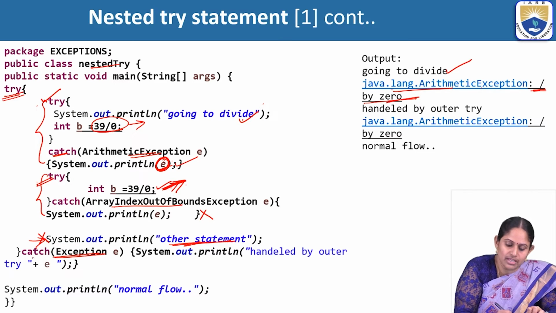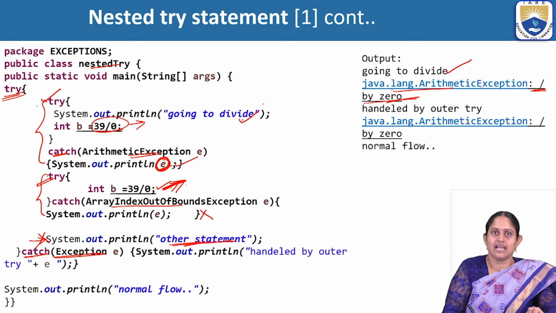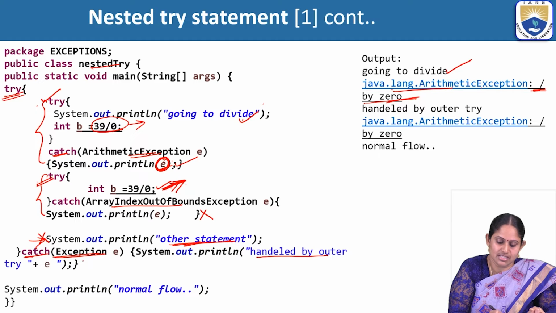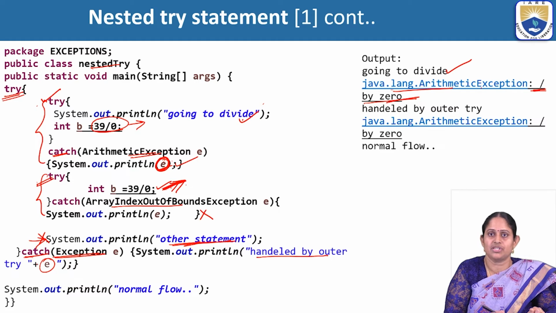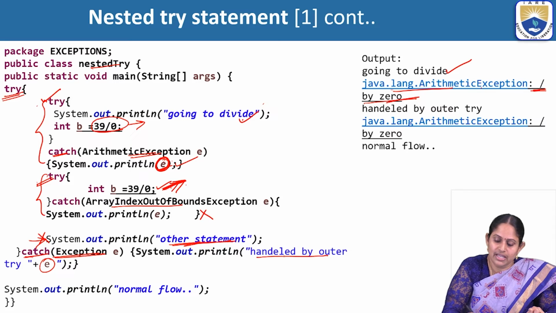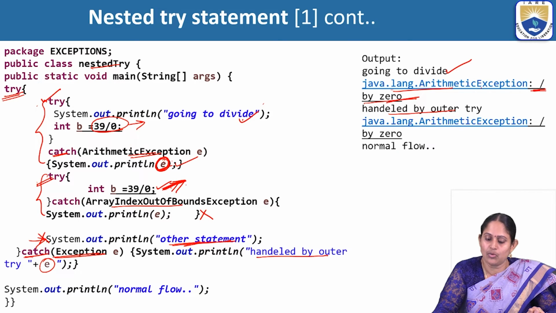The exception thrown here will be caught by the next higher level catch. So here we'll get this statement displayed, and the exception object is also displayed. So we will get handled by outer try.